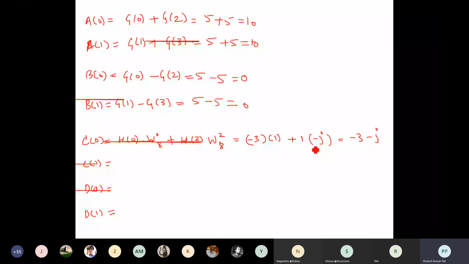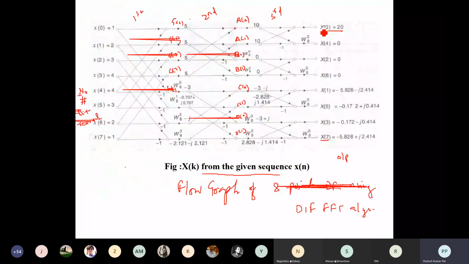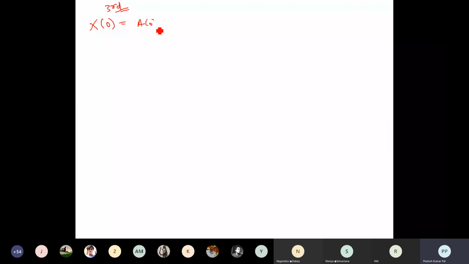So based on all the other values of a0 and a1, b0 and b1, c0 and c1, d0 and d1, we can find out the values of the final stage, that is the third stage values. So x of 0 will be equal to a0 plus a1.